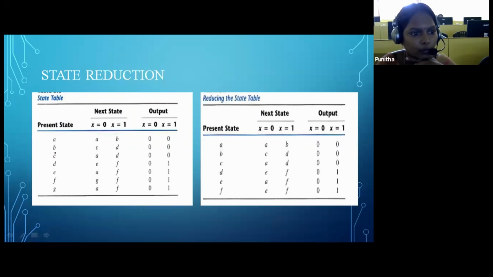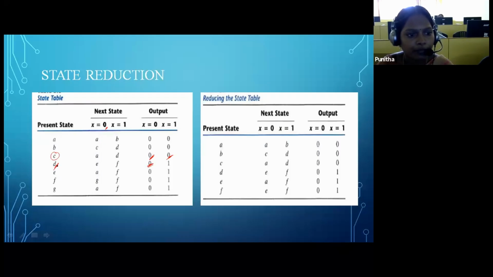Next we will move on to the next state C. For this C, if I apply the input 0, I will get the output 0. If I apply 1, then my output will be 1. For D, if I apply the input 0, then the output will be 0.